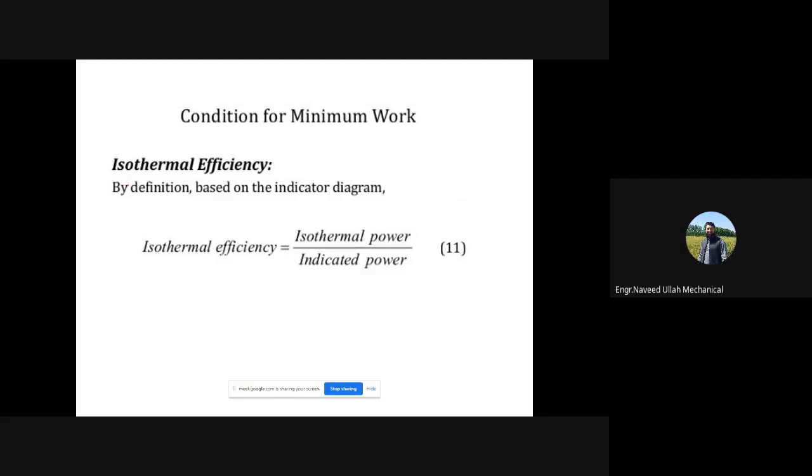Now if you want to find out isothermal efficiency based on the indicated diagram, it will be the work or power consumed by the compressor when the process is isothermal. ठीक है, let's say इतना power consume करता है. And the power consumed by the compressor when the process is polytropic.